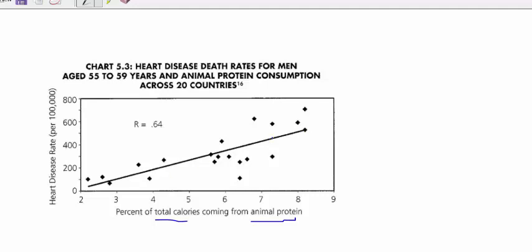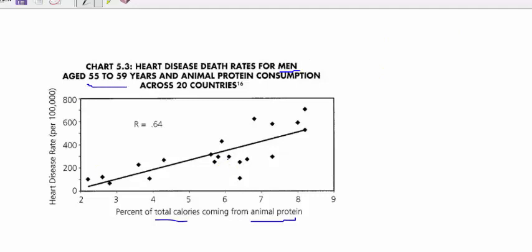There are different ways you can interpret it. I would say that as the total number of calories from animal protein increases, so does the rate of heart disease deaths, and this is for men from 55 to 59 years old.